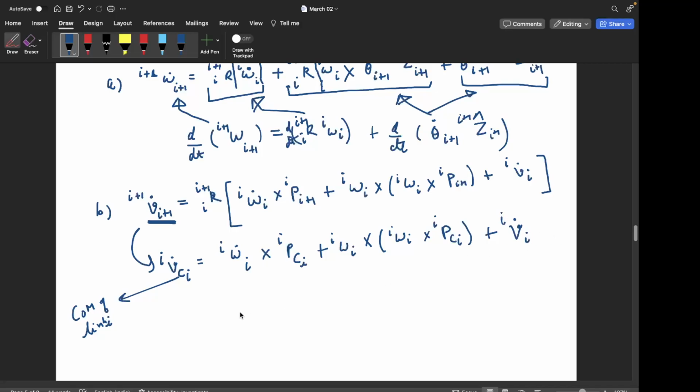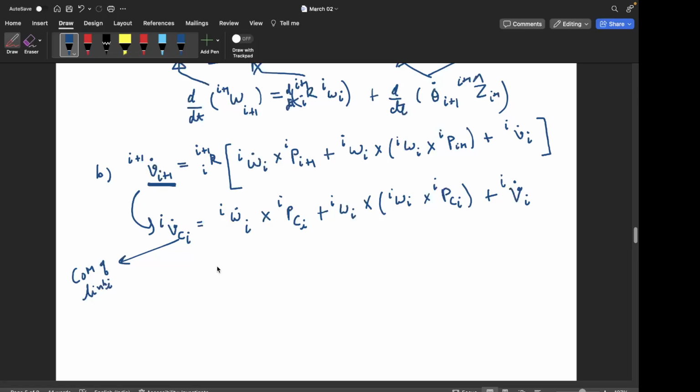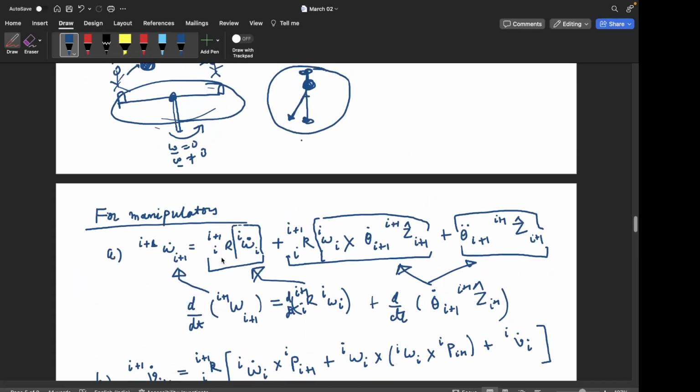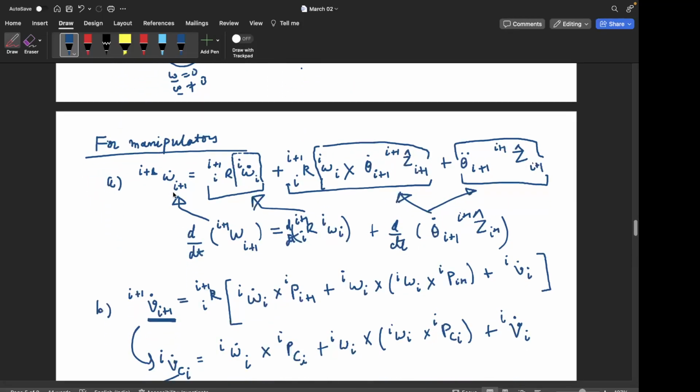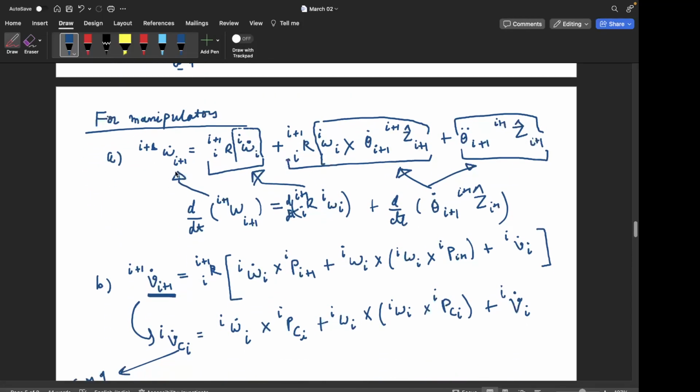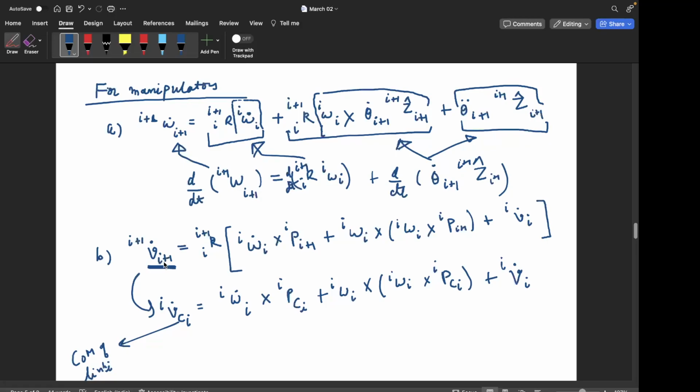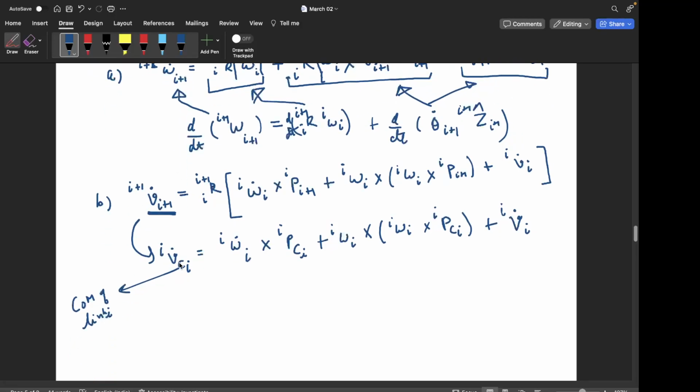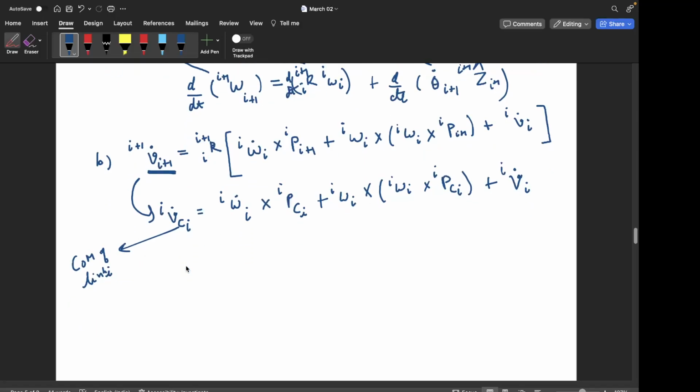So this is the center of mass of link i and its acceleration. So now what we have is the recursive relation for linear acceleration and angular acceleration, right? And also linear acceleration of the center of mass.